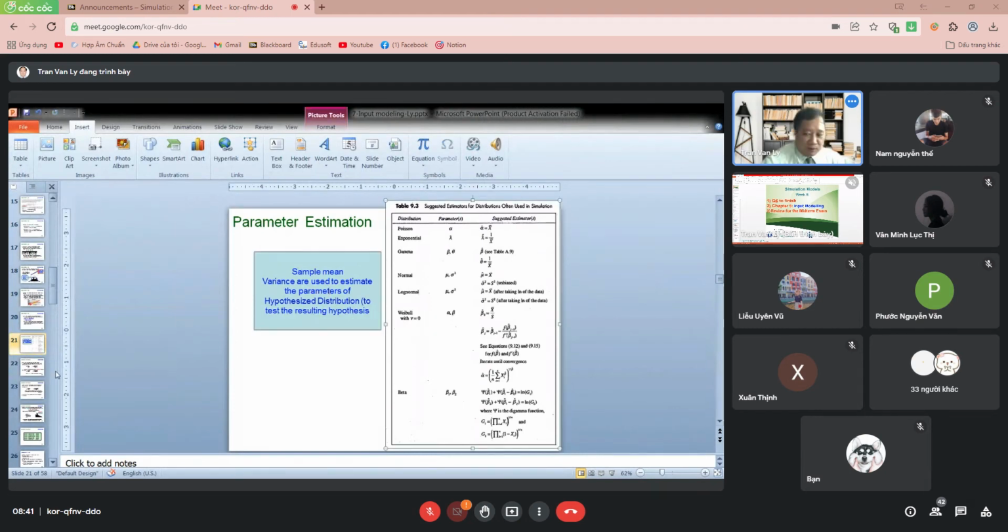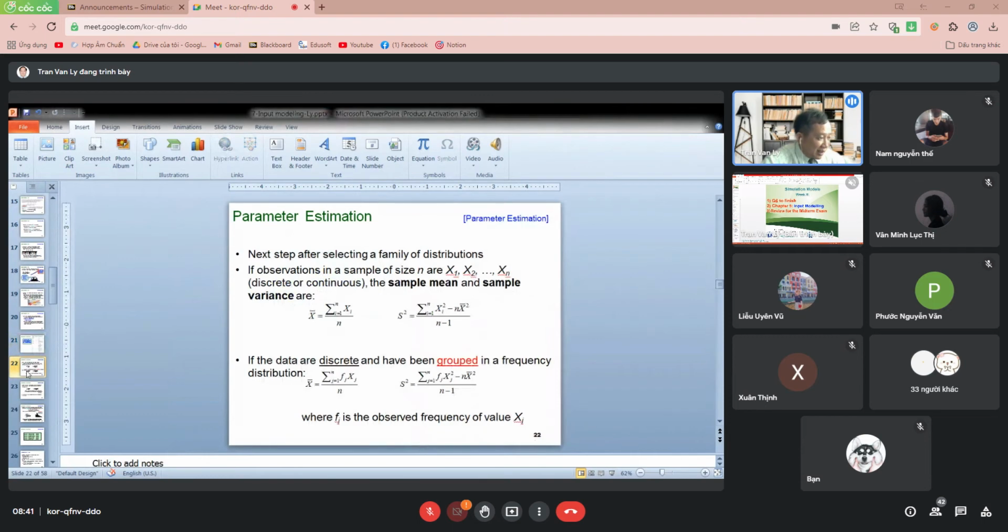Another example. Now we estimate the parameter. Hello, students. This is a technique. It's not difficult for you at all. You studied it before. Now just apply.